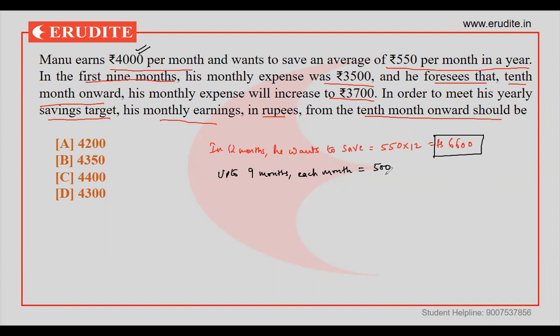So in each month he is saving 500. Then in 9 months, he's going to save how much total? 500 into 9, that is 4,500. This much he is going to save in the first 9 months, but he has to save how much total? 6,600. So how much remained, guys?